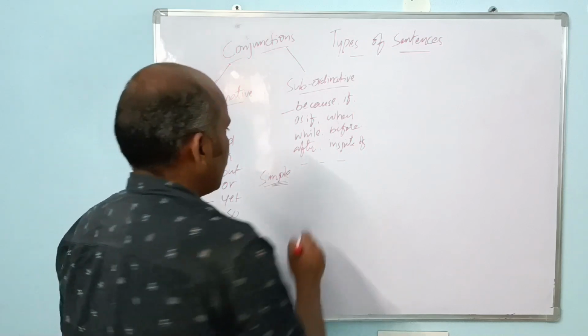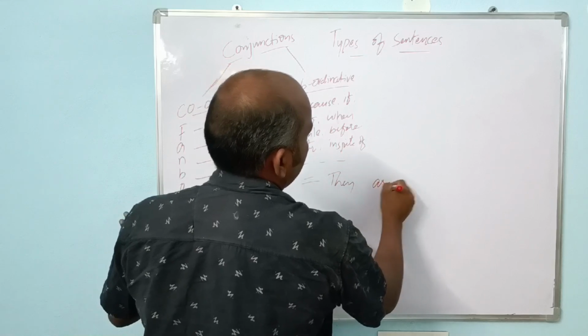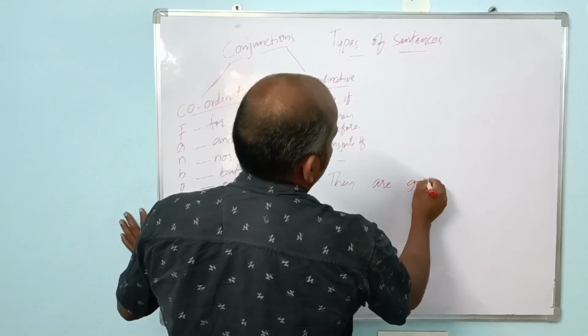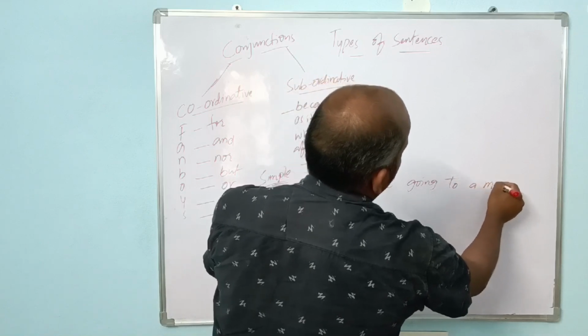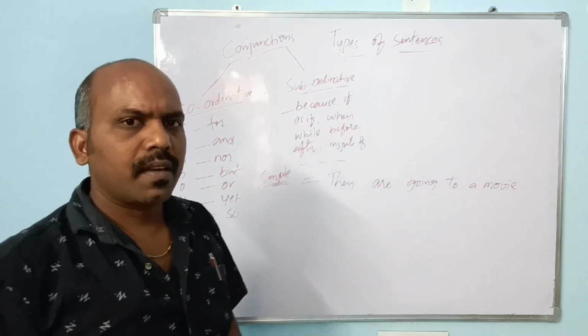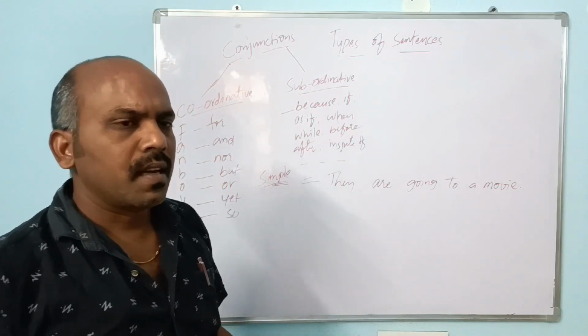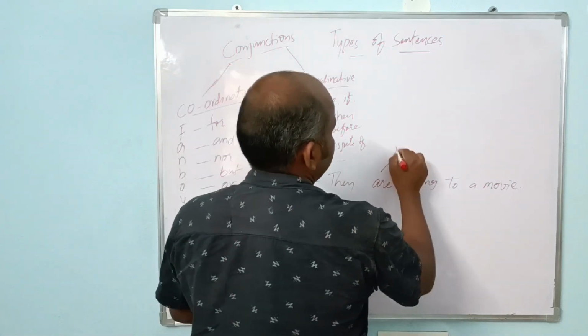Suppose, they are going to a movie. It is a simple sentence, only one sentence, and here we call it a main class.